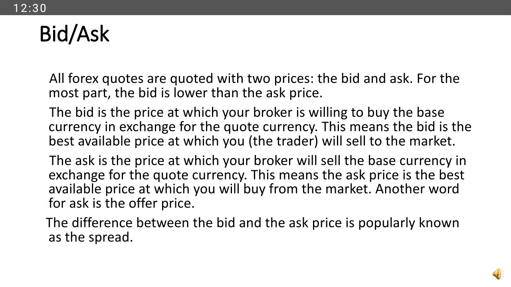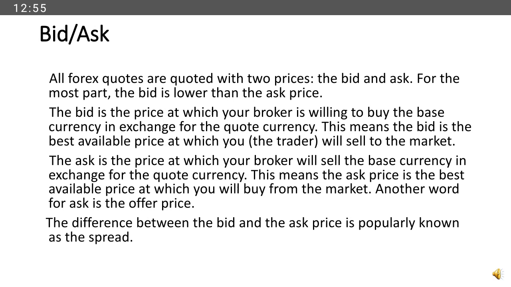Now, the bid is the price at which your broker is willing to buy the base currency in exchange for the quote currency. This means the bid is the best available price at which you, the trader, will sell to the market.